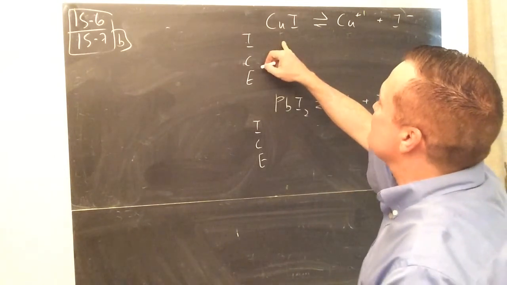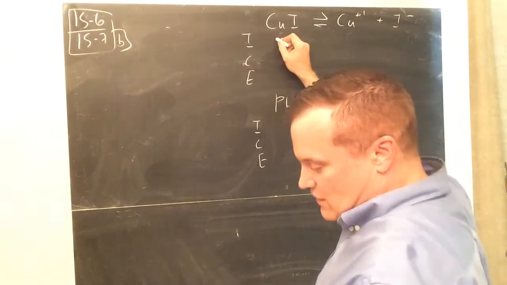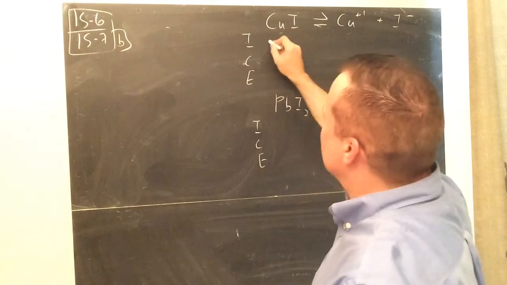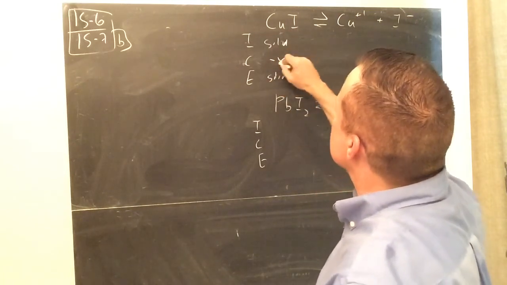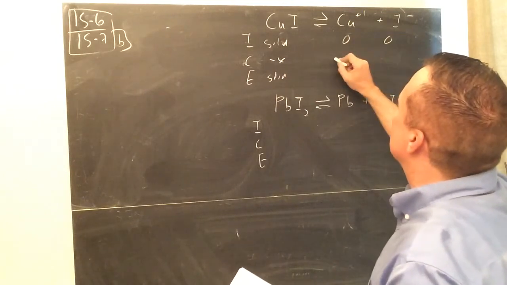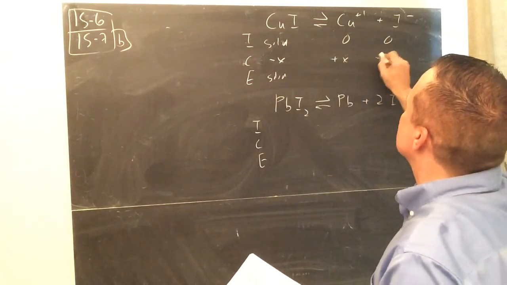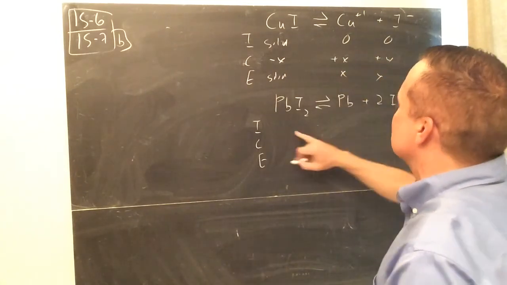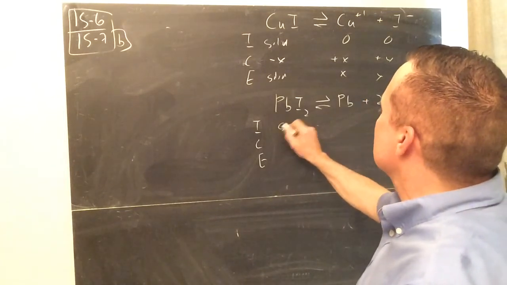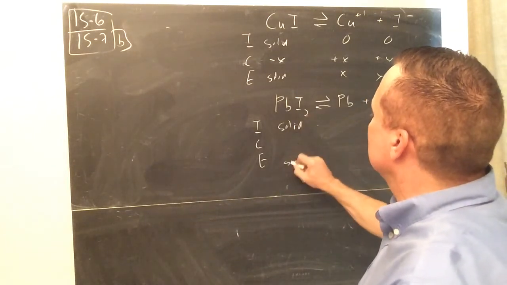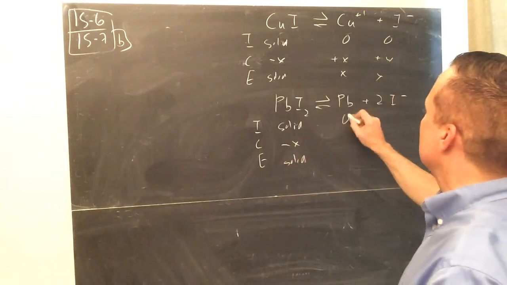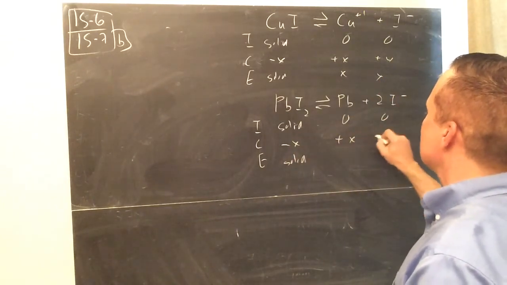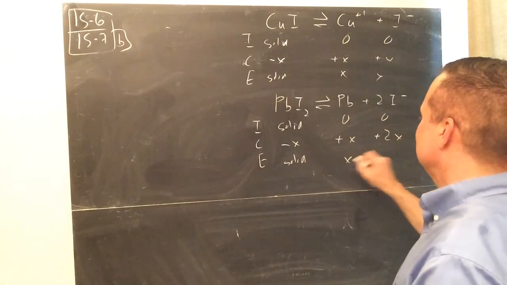So for CuI, it'll start off, we don't know the molarity here. Remember, there's solid, minus X, 0, 0. We'll say plus X, X, and X. But for this one, we've got, again, solid, minus X. But here it's going to be plus X and plus 2X.